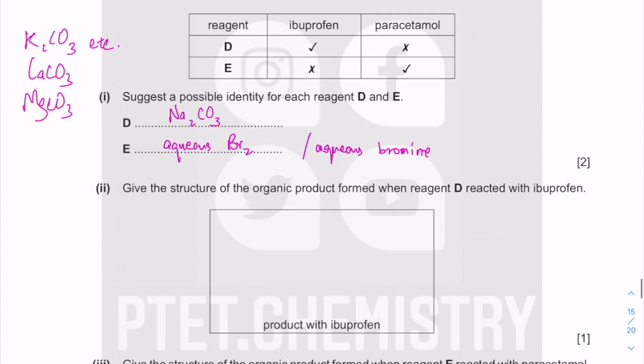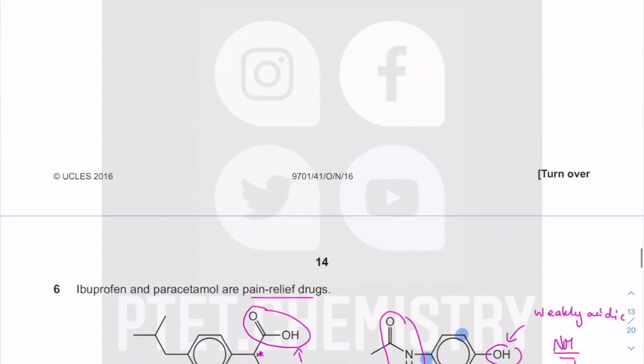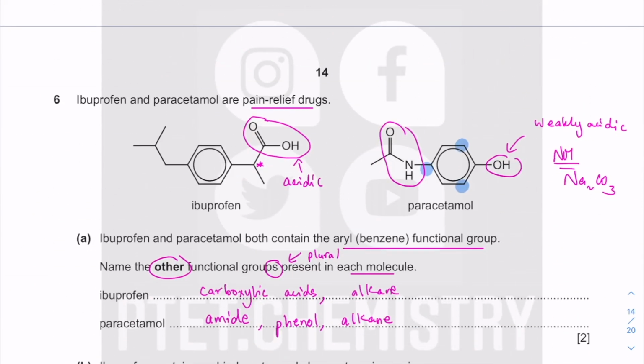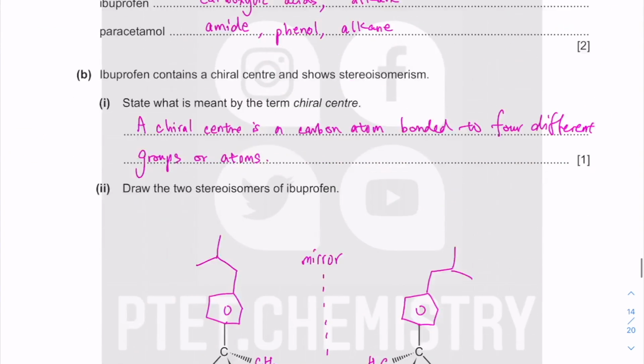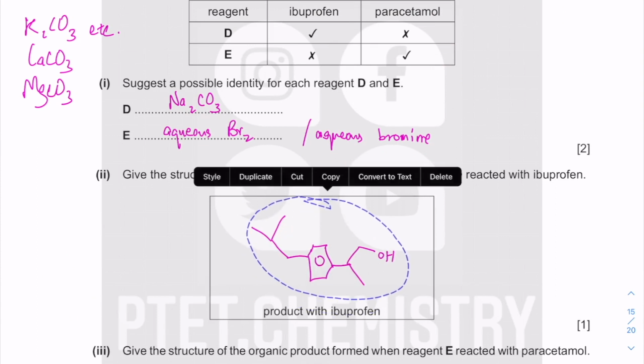So now when reagent D reacts with ibuprofen, sodium carbonate reacts with ibuprofen. I'm gonna get a salt, O minus. I have a Na plus salt because I use sodium carbonate. If you use magnesium carbonate, you are going to get a different formula.